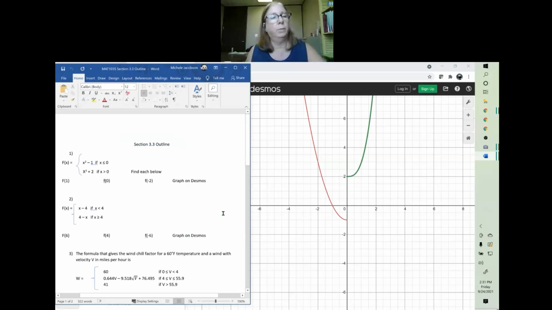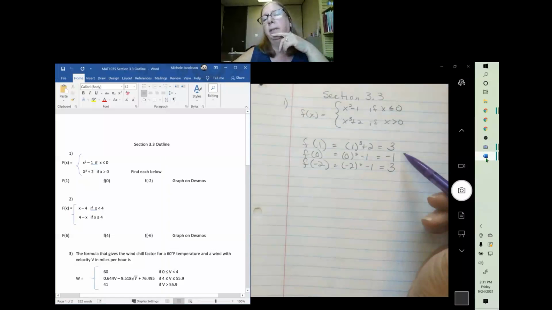So for the second one, find f of 6, f of 4, and f of negative 6. And whoever finds it first, enter it in the chat. For the last one, let me bring my paper up. I would have put 3 comma negative 1 comma 3.